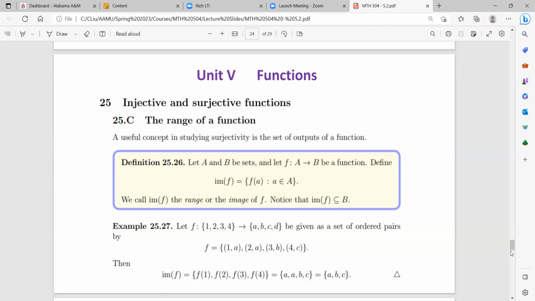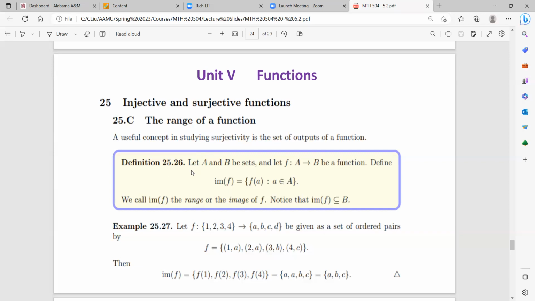Well, basically the range of a function is all the outputs of a function. And this actually is a general definition. Whether the function is one-to-one or injective or surjective or neither, we can always talk about the range.